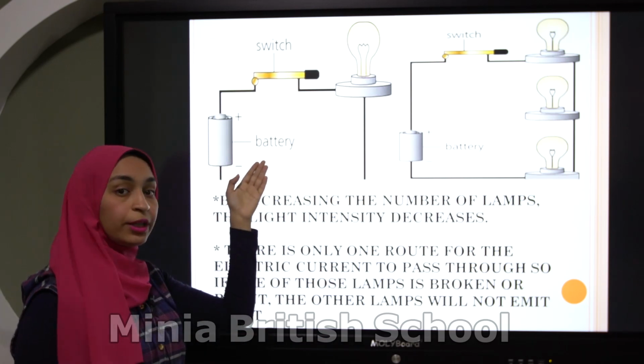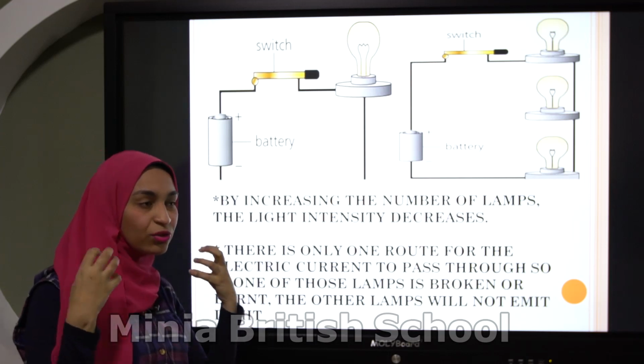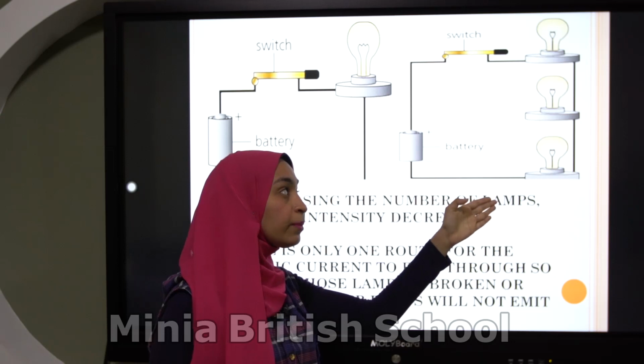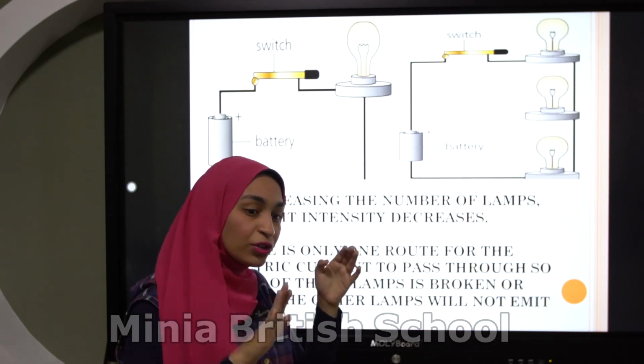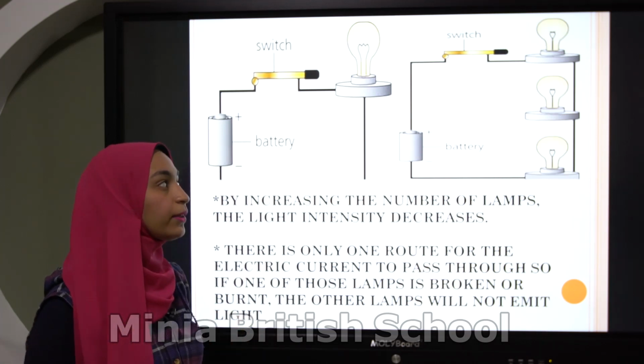In figure A, when we put only one lamp, the light intensity is very strong. And when we increase the number of lamps, the light intensity starts to decrease until it will be very weak.